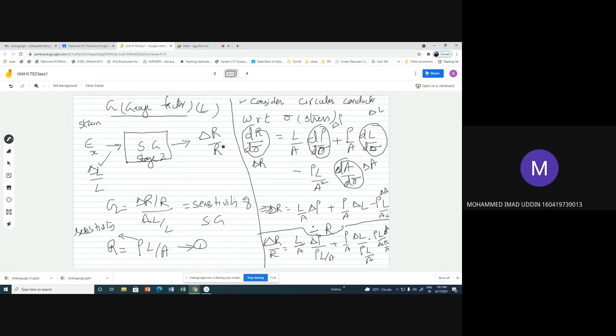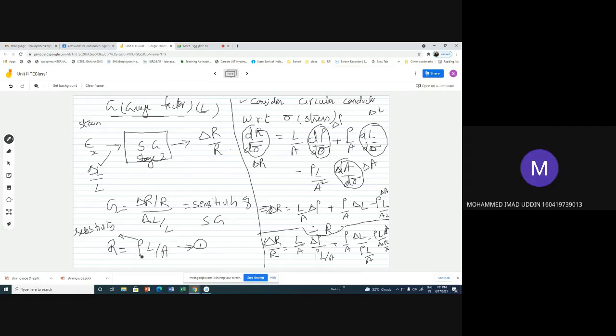Look here, we are differentiating with respect to sigma, considering rho as a variable. L by A we can write separately.